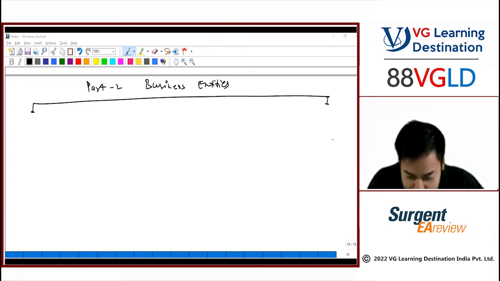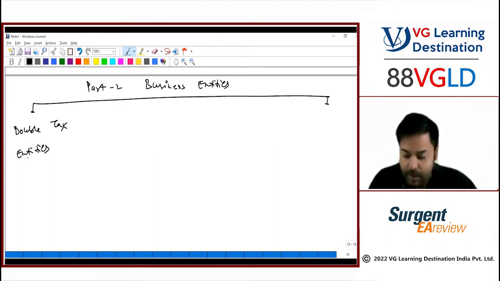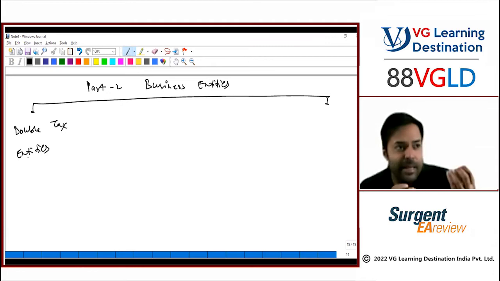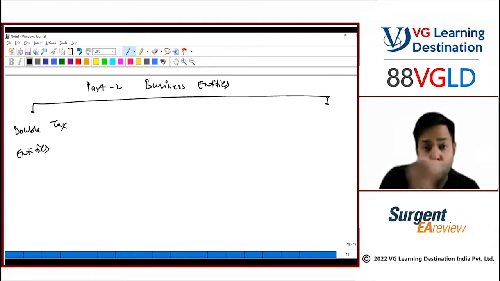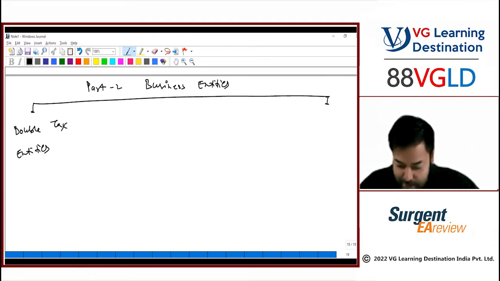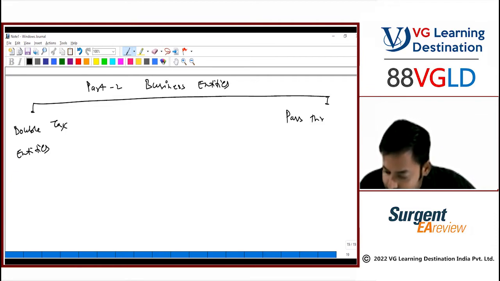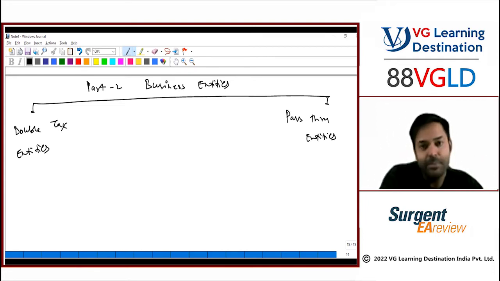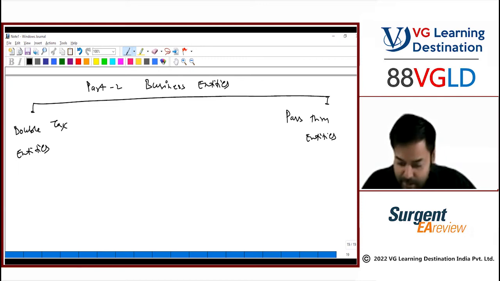First is the double tax entities. A double tax entity, as the name says, is one where the tax is levied at two levels. Second is called the pass-through entities. That means the income is passing through in this case.